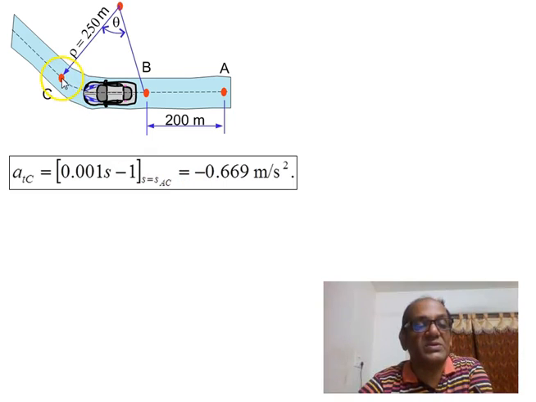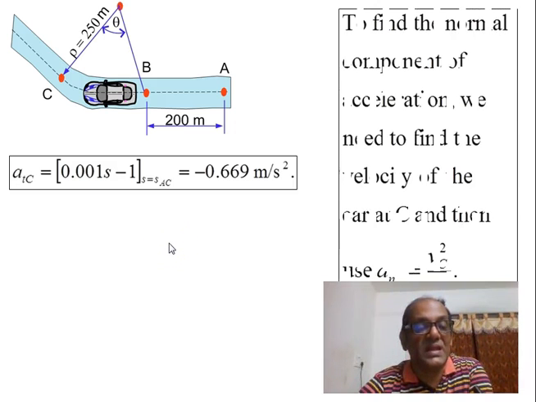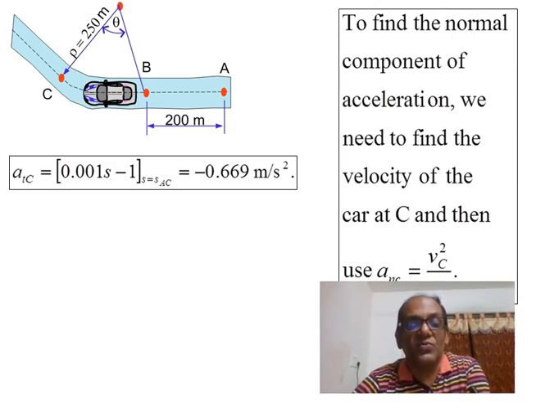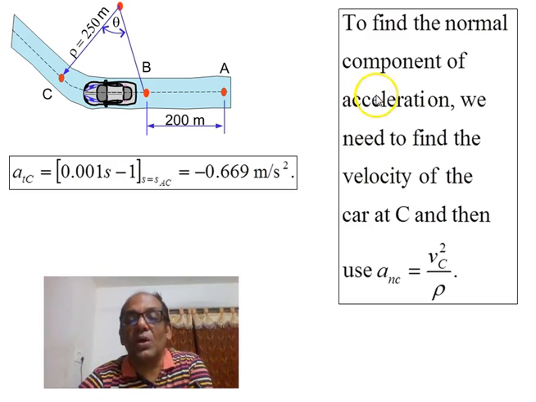So by the time it reaches point C, its tangential component of acceleration is minus 0.669. To find the normal component of acceleration, we need to find the velocity of the car at point C, and then use normal component is v_C squared over rho. This rho is given to be 250, but velocity at C is what we need to find.